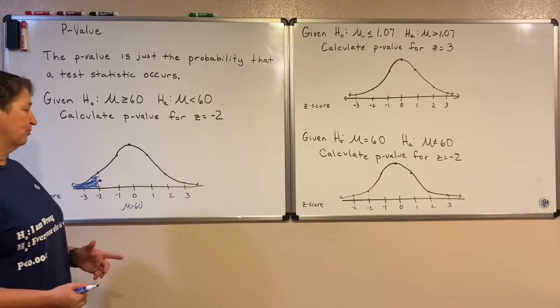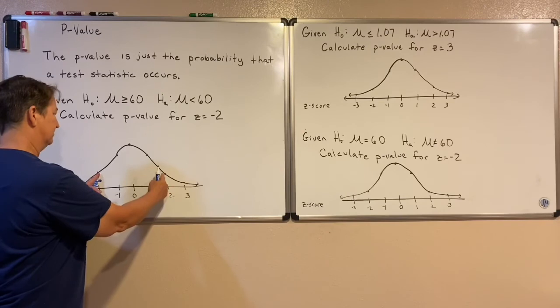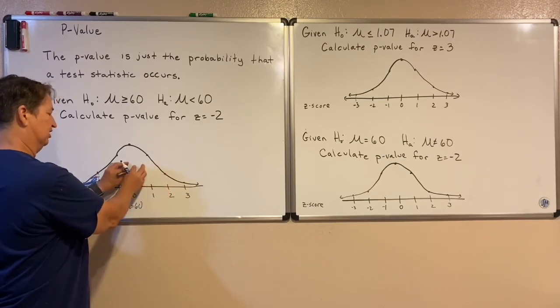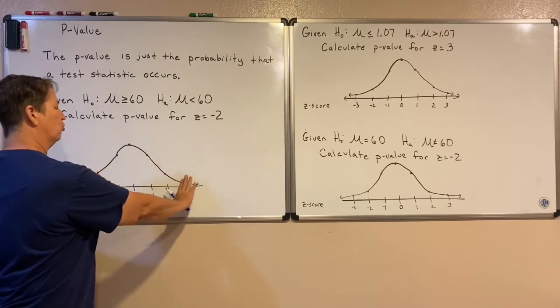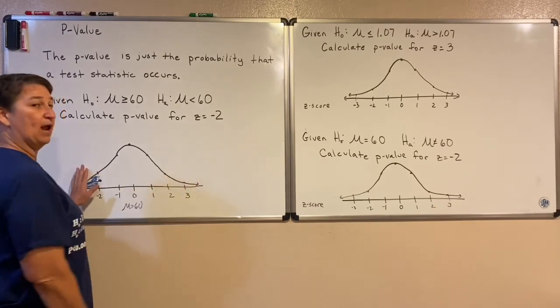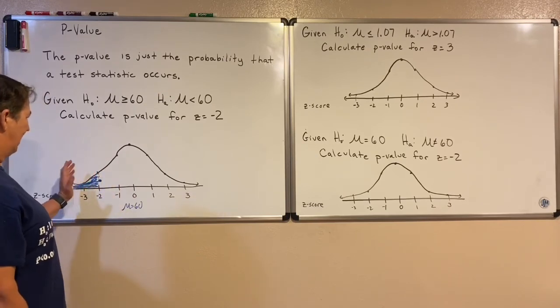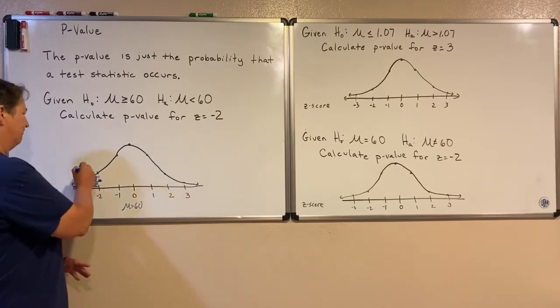Well, we know from the empirical rule that 2 standard deviations out is 95% of our data. So that means on the wings, it only occurs 5% of the time. But I'm only looking at half of that, and half of that is 2.5%.